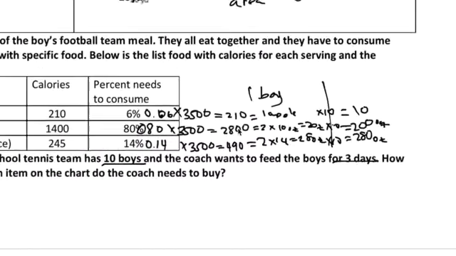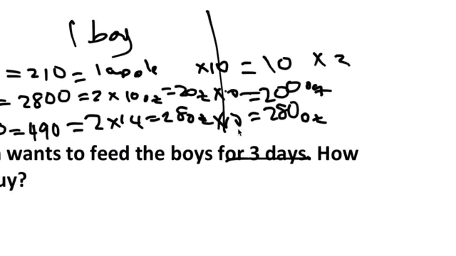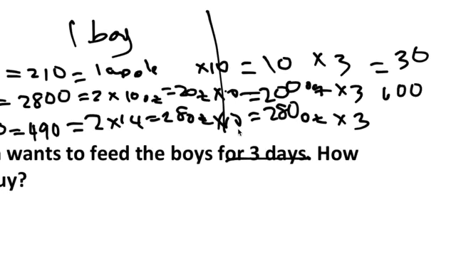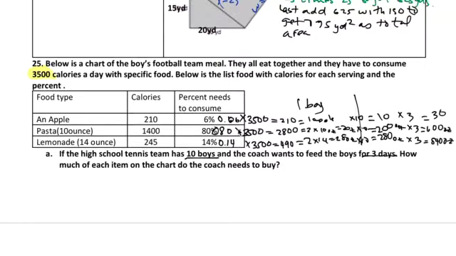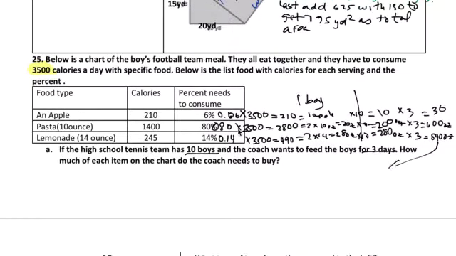Then for 3 days, times it by 3. 30 apples, 600 ounces of pasta, and 840 ounces of Gatorade. So that's what you need to answer here.